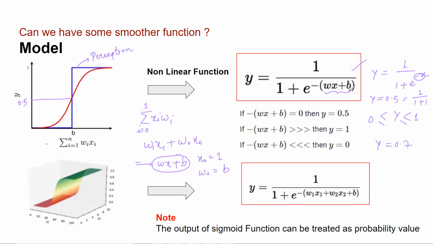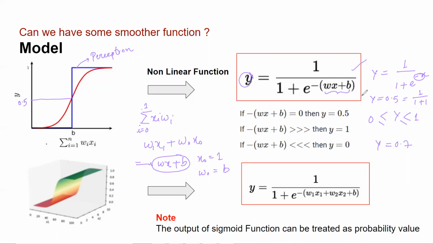When will you have y equal to 1? I told you that this y can have any value between 0 and 1. So when will this y become 1? When wx is too large.